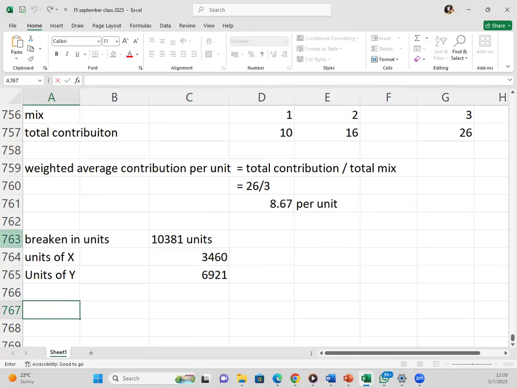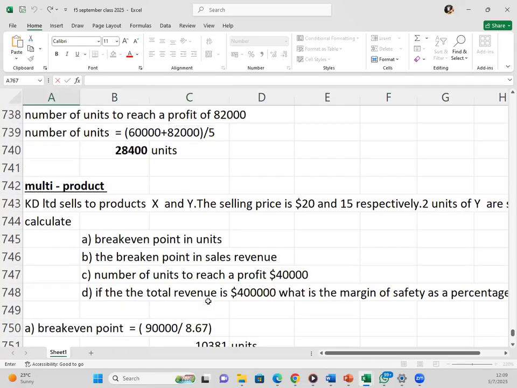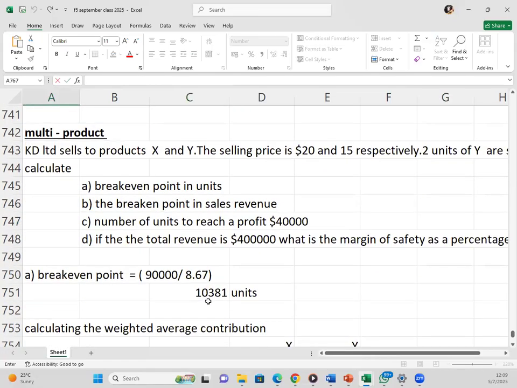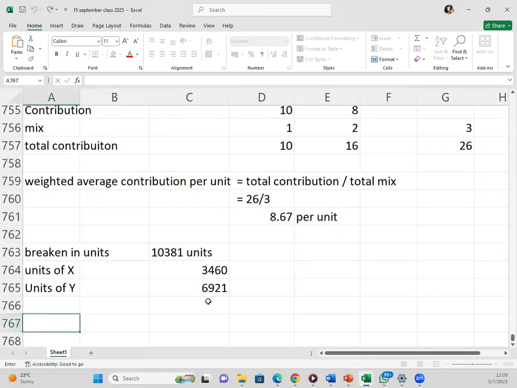Then besides the break-even point in units, we can be required, like the second question was saying, what is the break-even point in sales revenue?